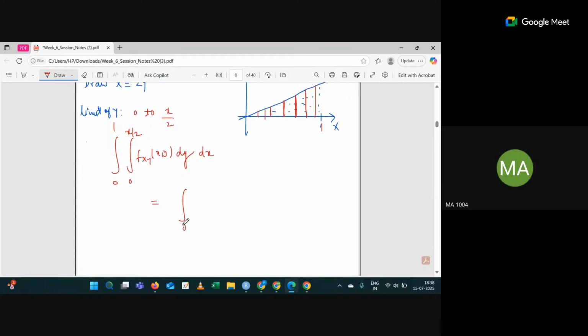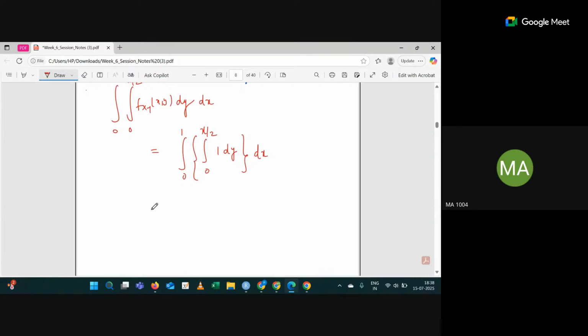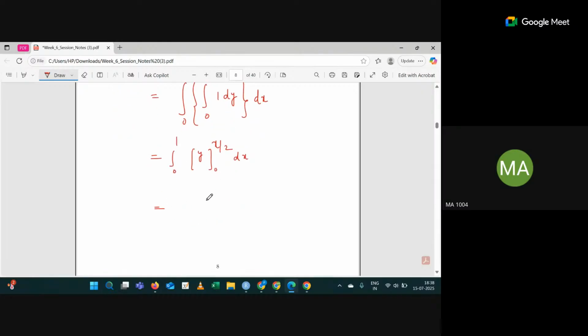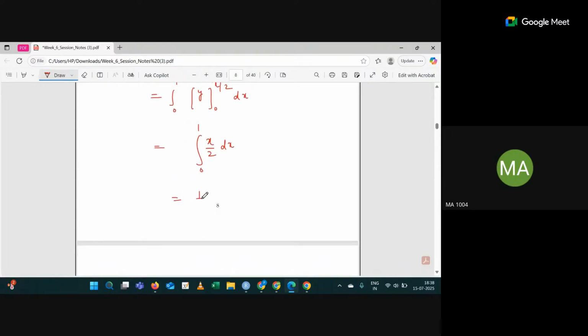Again, you just have to solve this: 0 to 1, 0 to x by 2, of 1 dy. First I do this integration, and I will get y from 0 to x by 2, dx, which gives x by 2. Then I integrate x by 2 dx, with 1 by 2 outside, and I will get x square by 2.